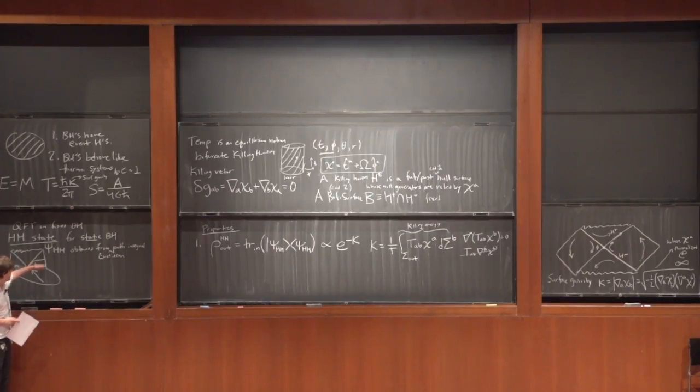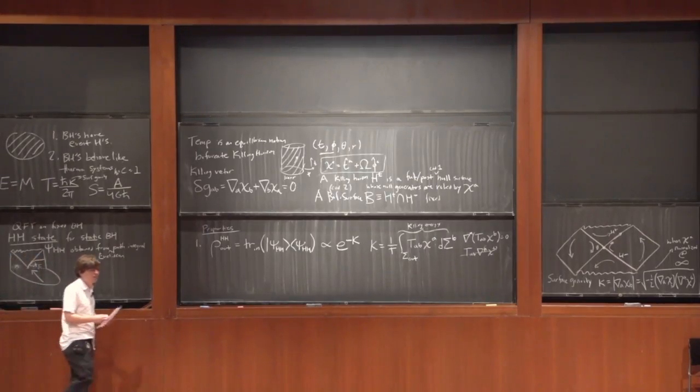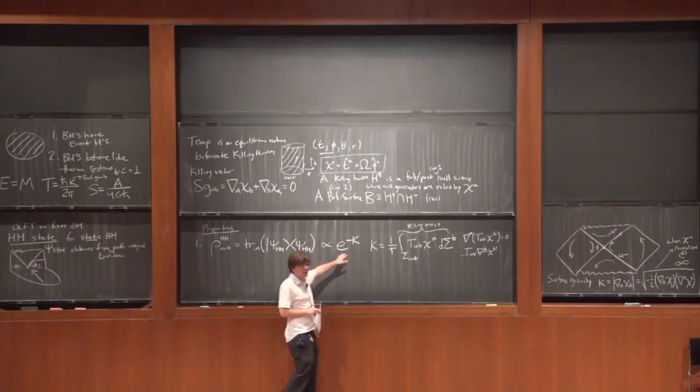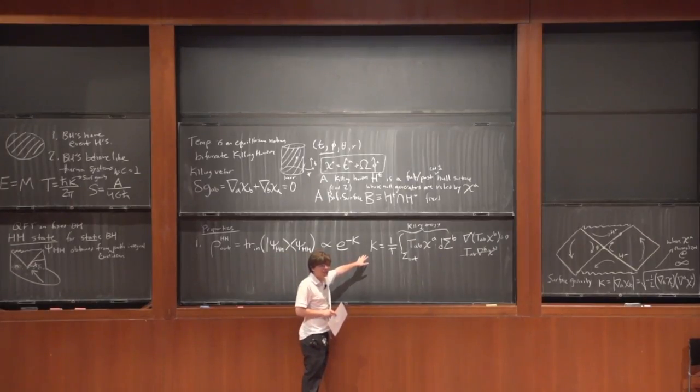We could have done this with asymptotically flat too, but it's a little harder to draw. But the point is, because you're analytically continuing, whatever boundary conditions you have here are determined by what you are doing in Lorentzian signature. And to get this Hartle-Hawking state, it was important that we had this boost Killing symmetry, because that's what gives you the rotational symmetry of this path integral that gives you this thermal temperature here.